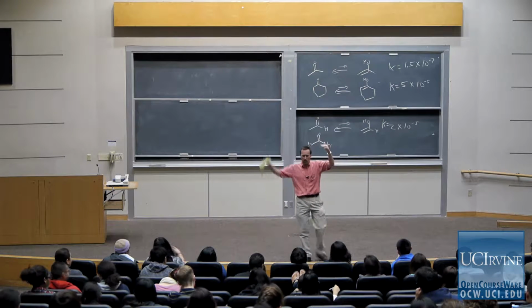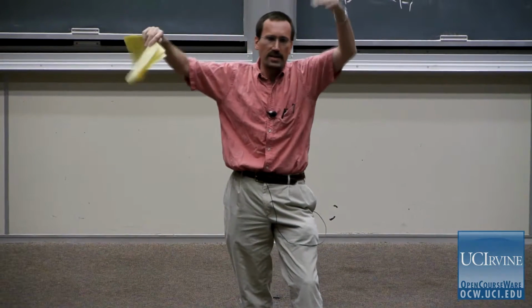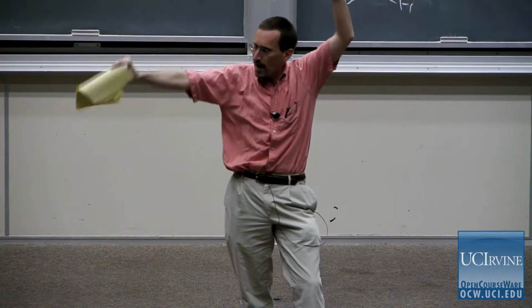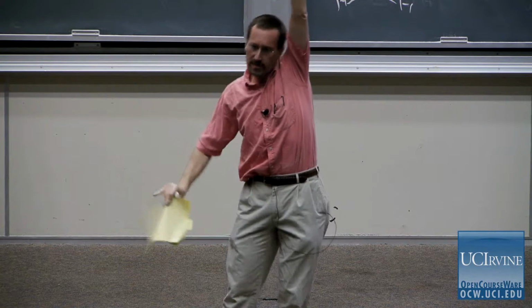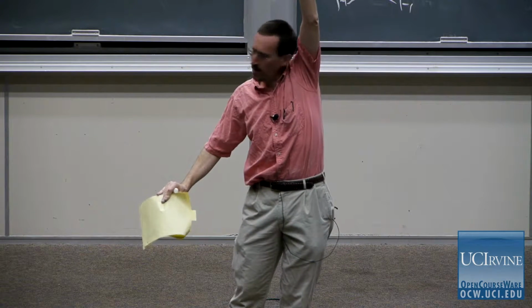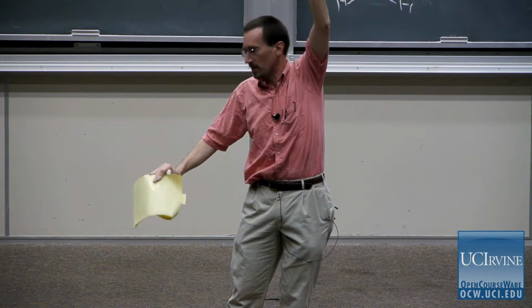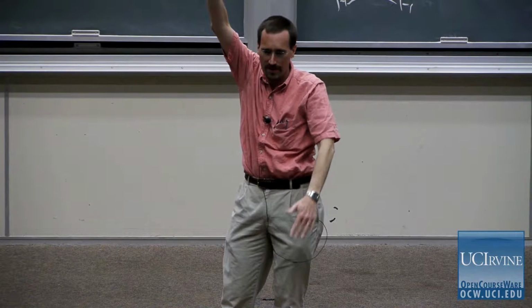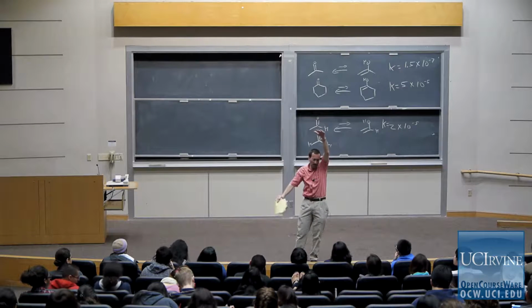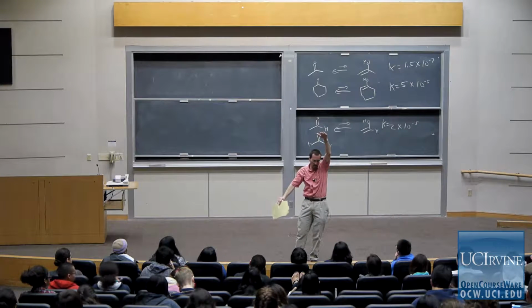Whenever you have an equilibrium, you're comparing the energy of a ground state and a product. The bigger the difference in energy, the bigger the equilibrium constant, whether it's greater than 1 or less than 1, depending on how the energy difference goes.